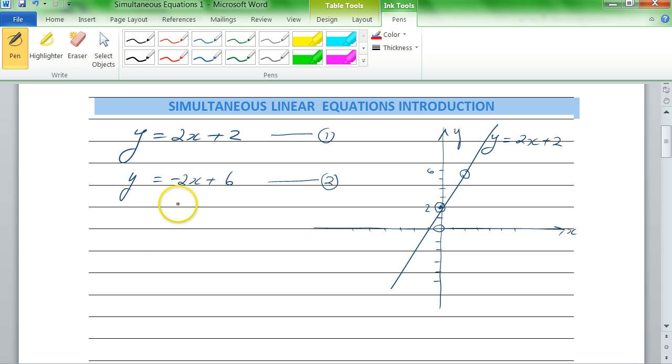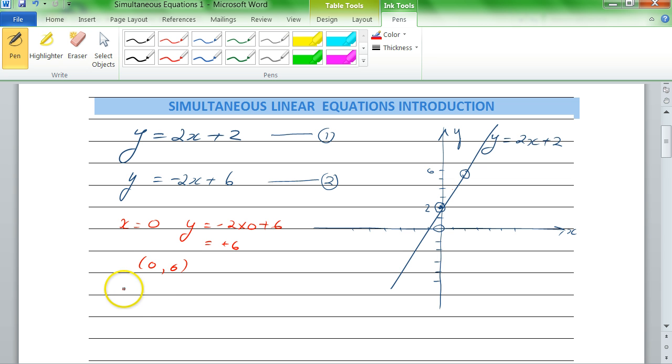And to draw the graph of the next one, equation 2, I'll just do what you should know how to do already, which is plot a few points. I'll put x equal to 0 into equation 2, and I'll have y equal to negative 2 times 0 plus 6, which is positive 6. So the point 0, 6 lies on the graph.